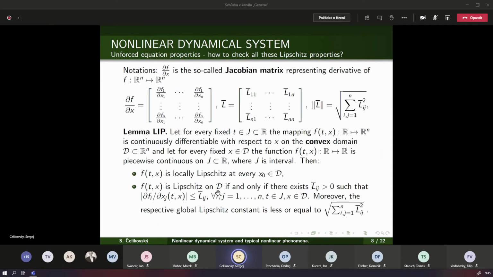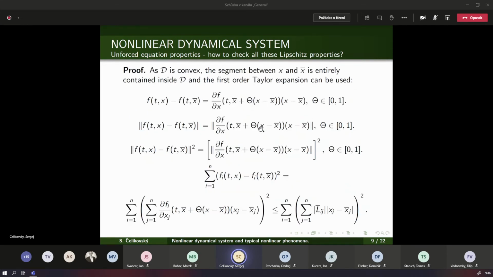So it is important to understand that L bar is just some conservative estimate for the Lipschitz constant. Of course, in many particular examples, if you use some subtle computations, you perhaps may find that there can be even smaller L bar, because you can see in this proof there are a lot of very conservative estimates.